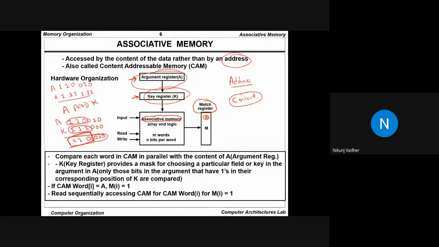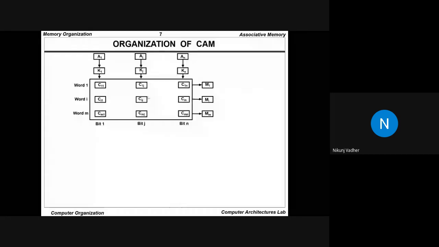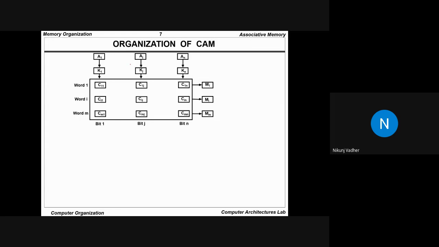So how will this work? Let me explain. This is our argument register, which is 3 bits, and this is the 3-bit key.